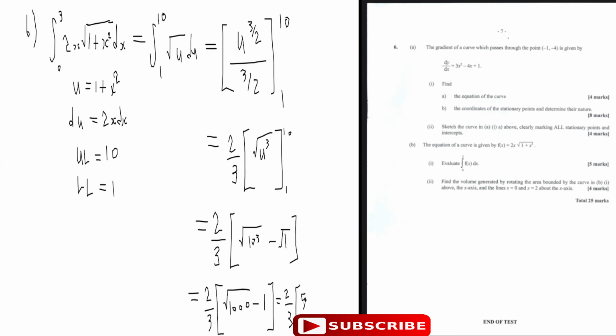So I can write it as 10 root 10. Yeah, this looks better: 2 over 3, 10 root 10 minus 1. It's not annoying anymore. So that's that.